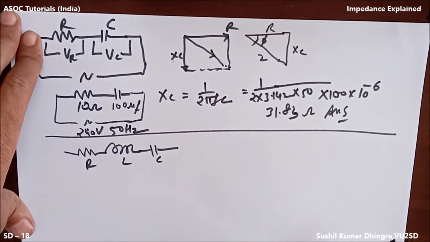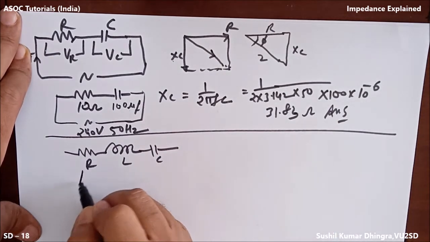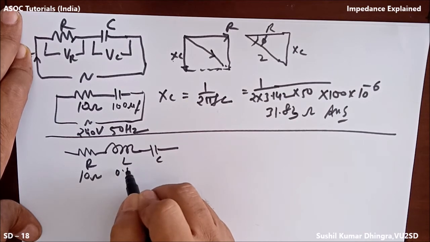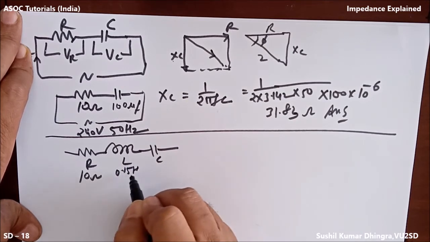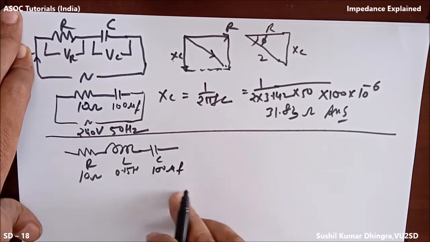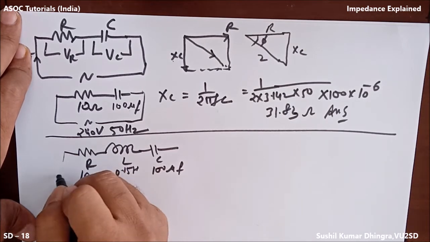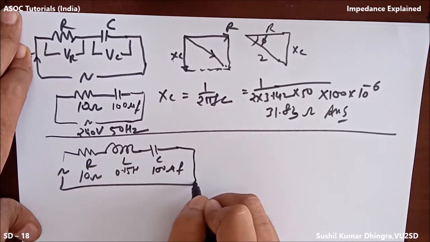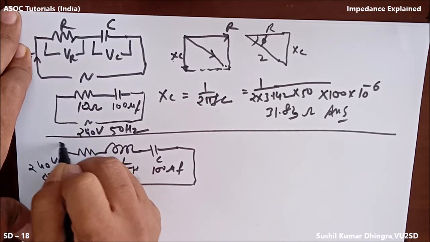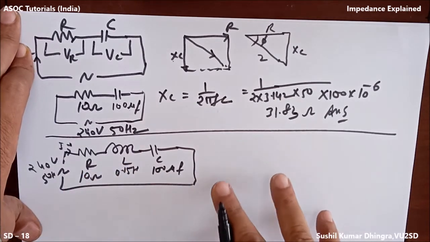In this case I'm taking 10 ohm for resistance, 0.15 henry for the coil, and 100 microfarad for the capacitor. I'm also showing the supply here to save time. This is the same 240 volt, 50 hertz.